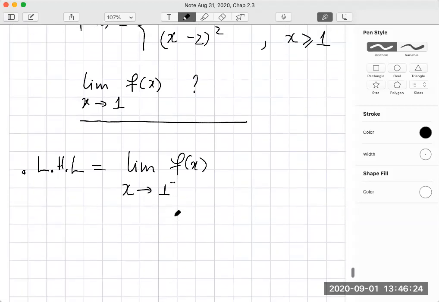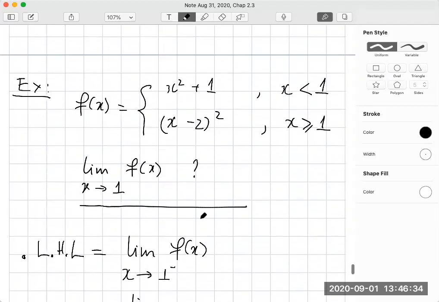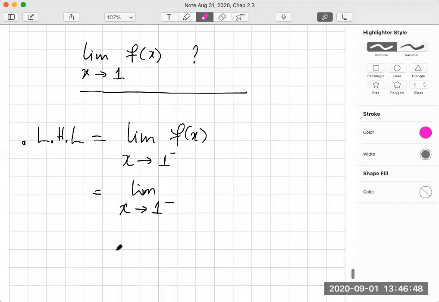Then if x approaches from the left of 1, which branch should we use? Yes, very good. Because we are considering this, that is why we plug this value of f(x) into this.